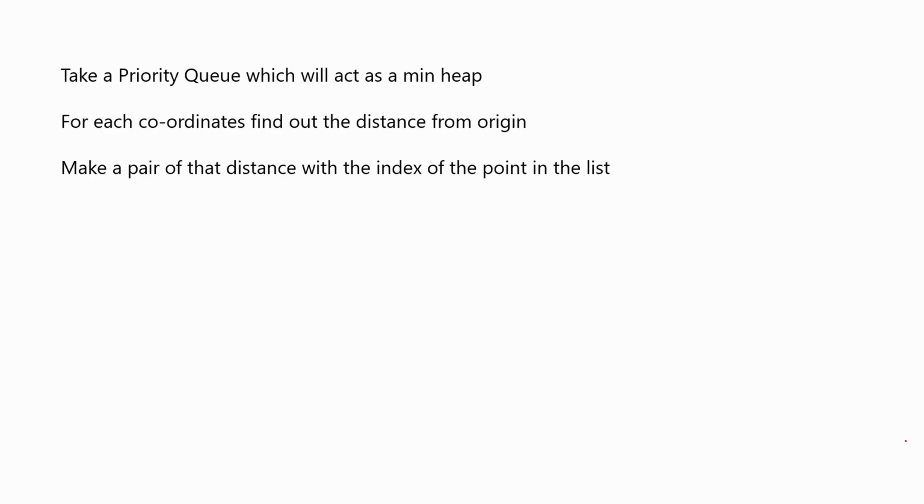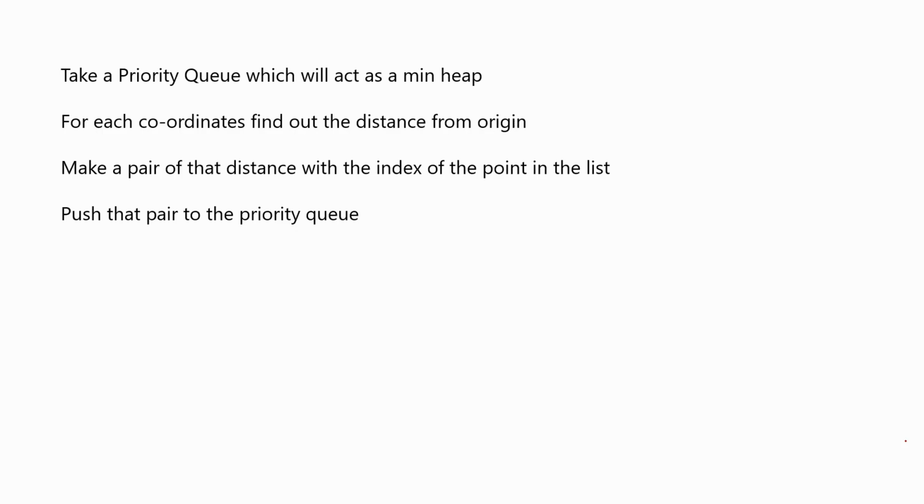Now for each point, at first we calculate the Euclidean distance, make a pair of the distance with the index of the point in that array, and simply push it to the priority queue. Thus we will apply this same procedure for all the points in the array.